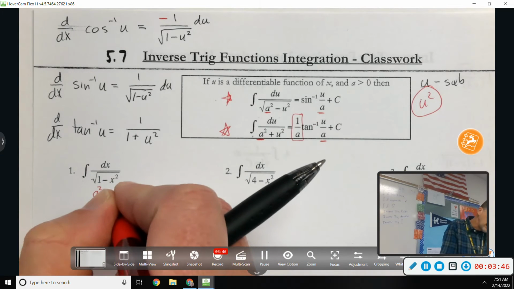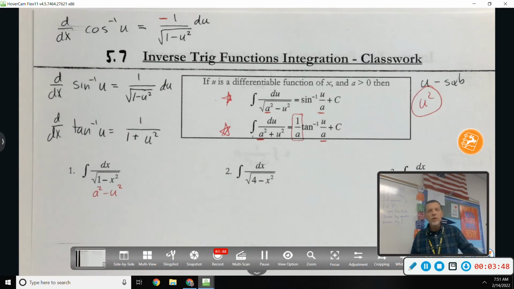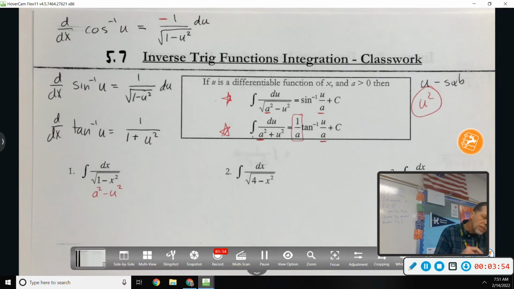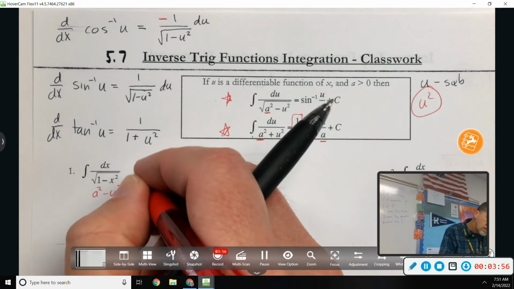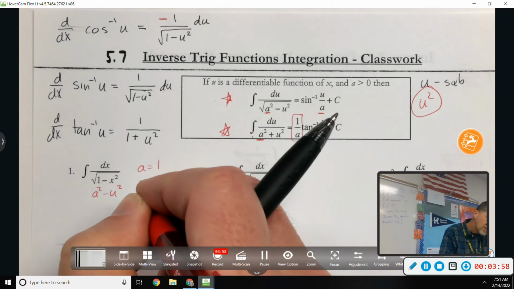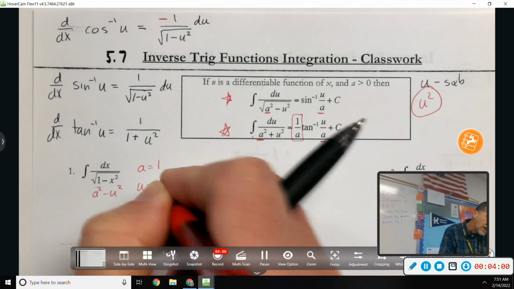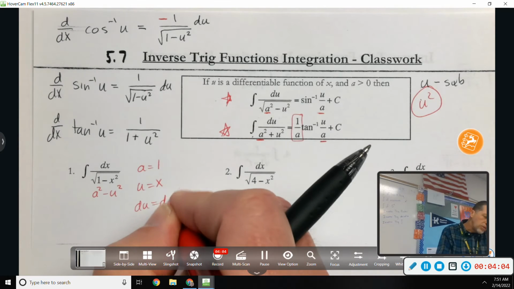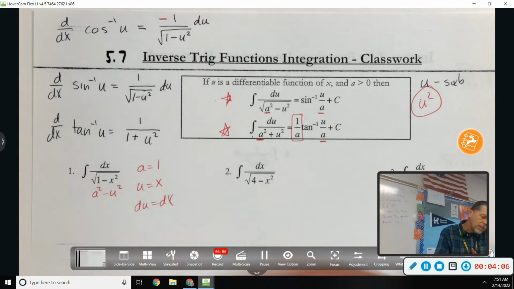In fact, some people will put a squared minus u squared right under there, and that really helps you figure out who's a and who's u. Well, a would need to be 1, and u would need to be x. du would be dx. And then it all matches up. Then we're good.